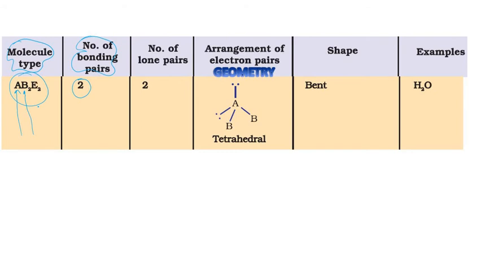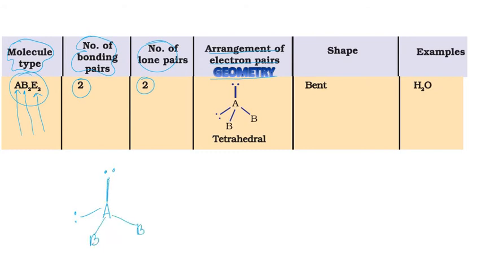And E2 represents the number of lone pairs. How many are there? 2 are there, right? Now, the arrangement of electron pairs, which gives us geometry: the central atom A is surrounded by two lone pairs, so there is one lone pair and another lone pair, and two bonding pairs.